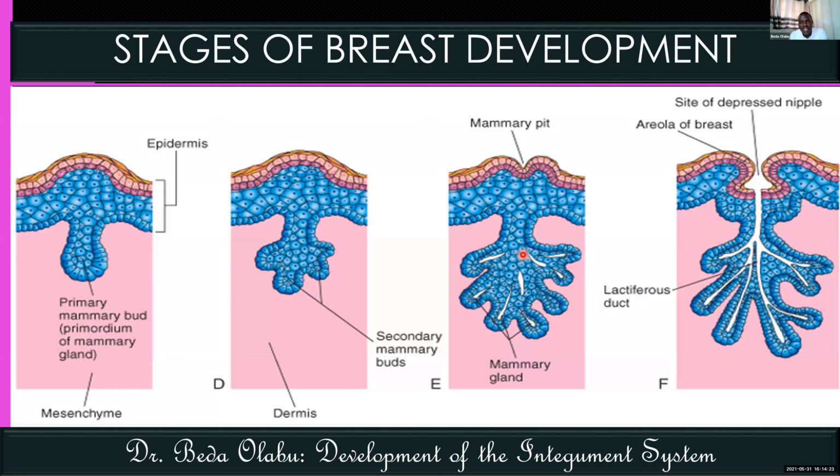Then as the bud branches, it also develops some canals, and we can see in the last image, canalization has occurred, representing the different ducts. Important to note is that the upper part of the breast, where we expect the nipple, is initially just a depression, what we call the mammary pit. This mammary pit will eventually evert just before birth.